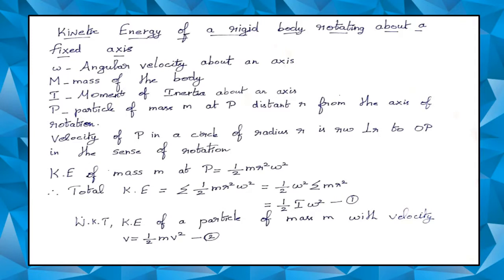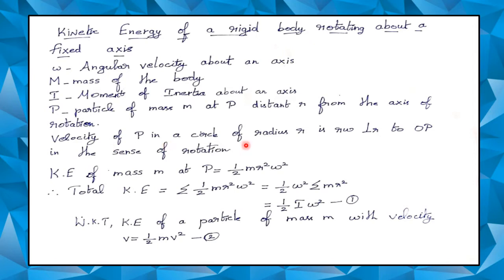Now we can find an expression for the kinetic energy of a rigid body rotating about a fixed axis, and these are the notations we use. Omega is the angular velocity, capital M is the mass of the whole body, I is the moment of inertia, and P is the particle of mass small m at distance r from the axis of rotation, that is the perpendicular distance.